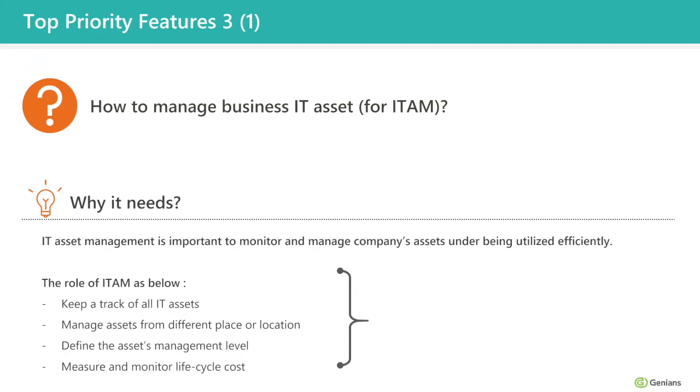With device visibility, you can keep track of all IT assets and manage the assets from other regions or other places as well. So you can determine the asset management level and monitor the whole life cycle of the asset with device visibility.